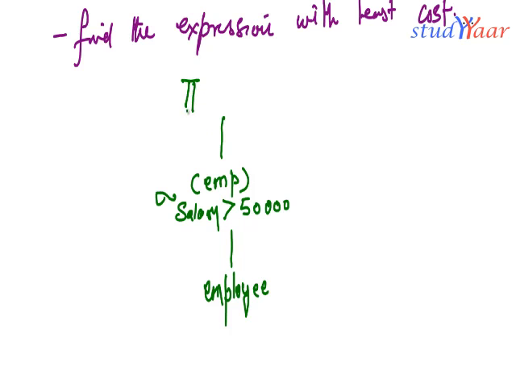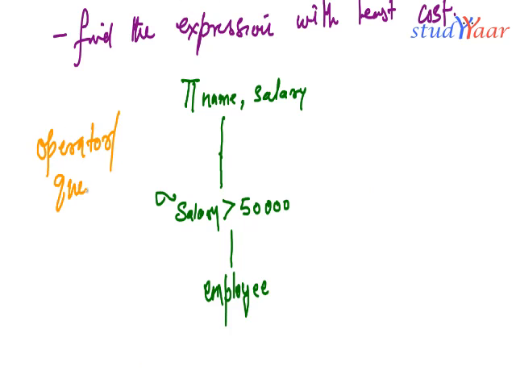I am supposed to project the employee name, or let me just say project name comma salary from employee. Actually we don't even need this because you're already saying that you're working on the employee table right now, correct? So this is my operator tree. I call this representation an operator tree or a query tree.